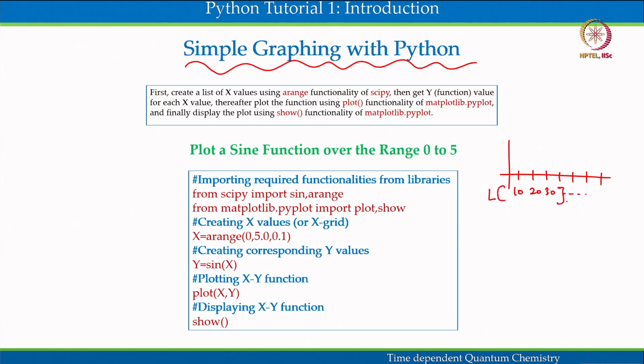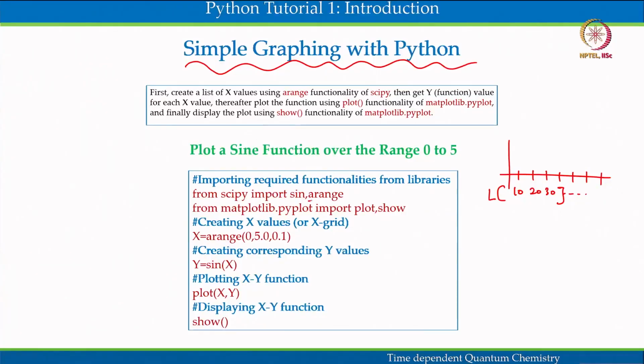This list was prepared using Python's built-in list functionality, as well as with the arange functionality imported from SciPy. We will use the arange functionality. This is very powerful because it gives me an array. An array is a matrix. We will discuss it later, but for the time being we will consider it as a list of numbers we are getting.